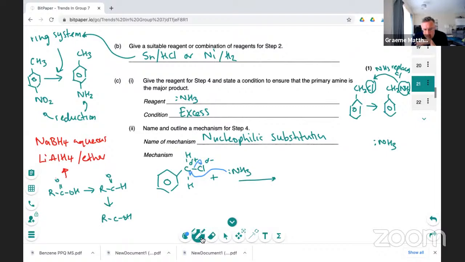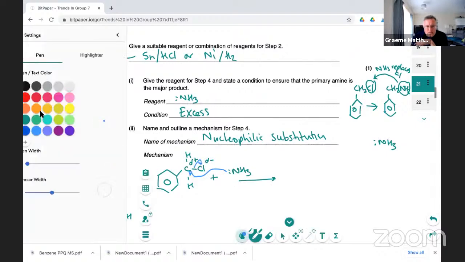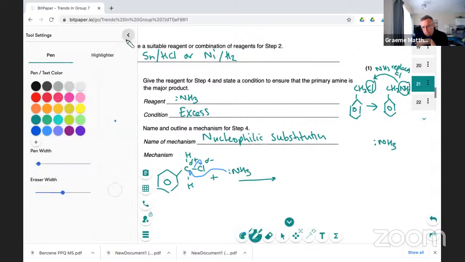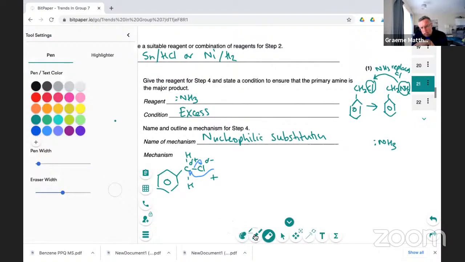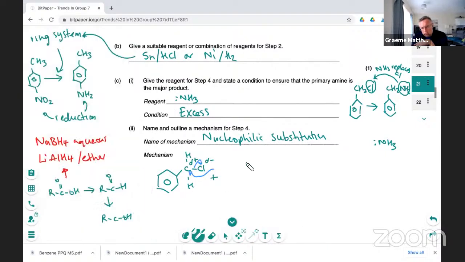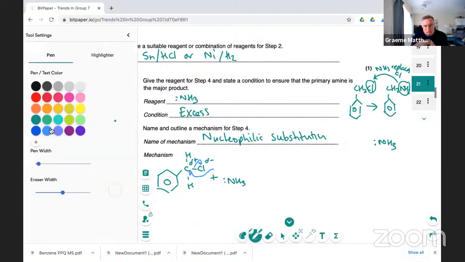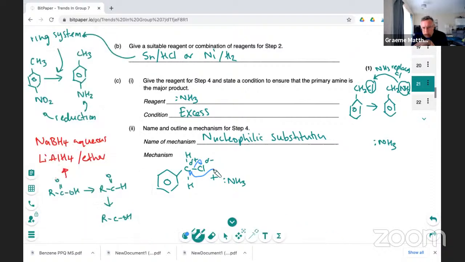And so I end up on, got to turn back to teal green here. All right, and I'm actually going to tidy it up just a little bit. So what I wanted to do is put my ammonia down here, like so. Here's my lone pair, and then put this arrow going down to here.